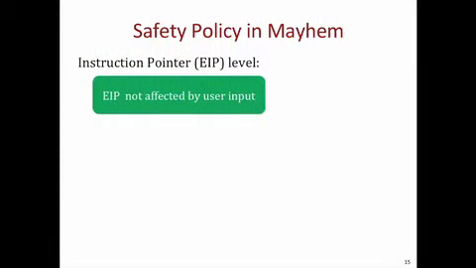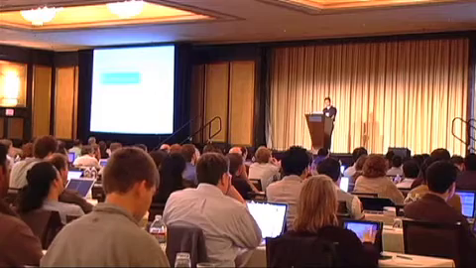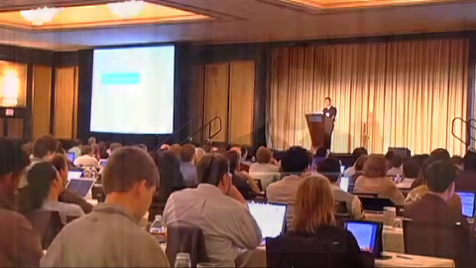Now, during the symbolic exploration, Mayhem will detect a bug when it sees a safety policy violation. In Mayhem, the safety policy is very simple. Since we are doing binary-only analysis, our safety policy is also at the instruction pointer level.